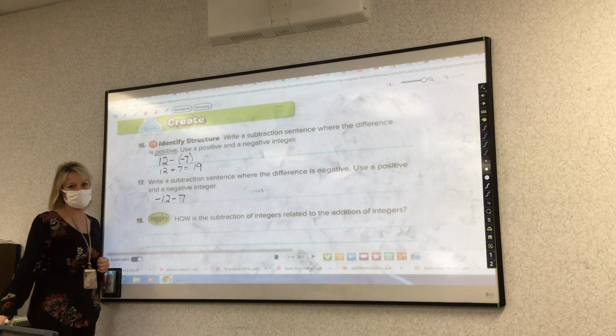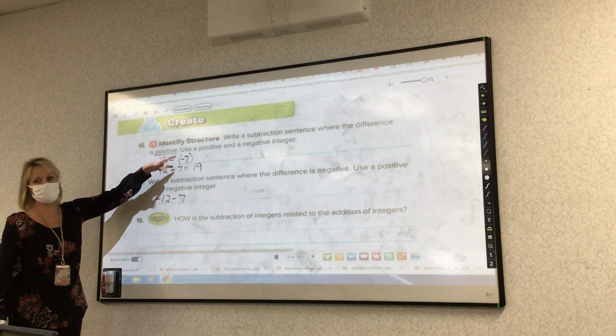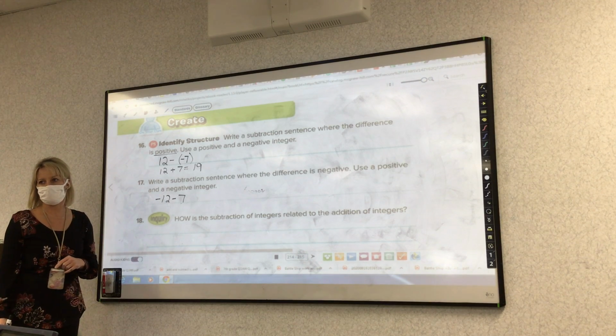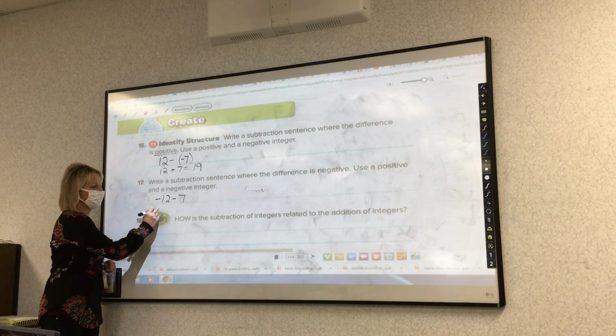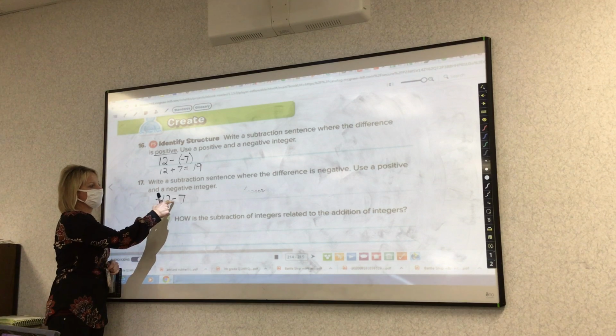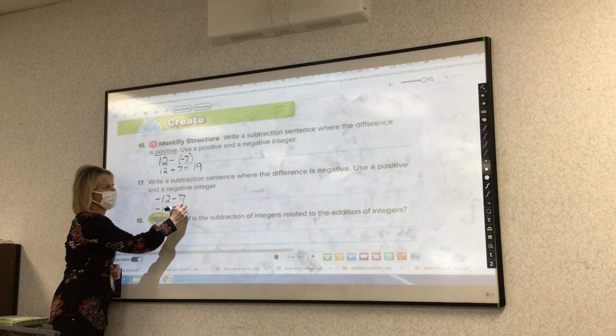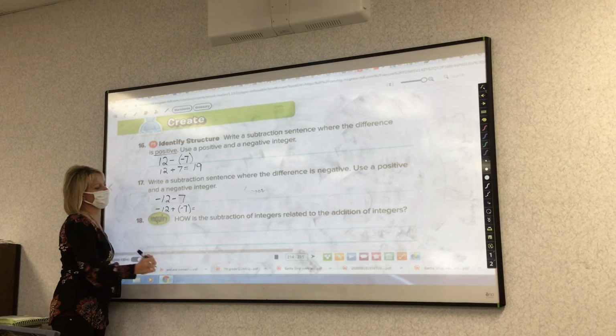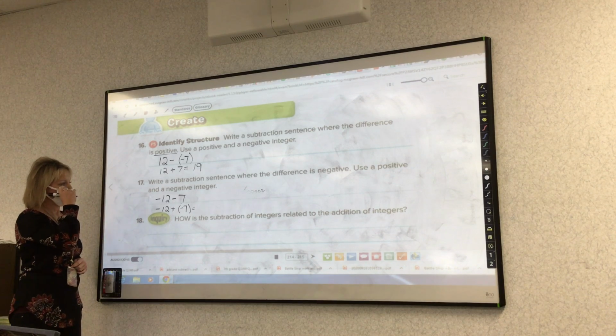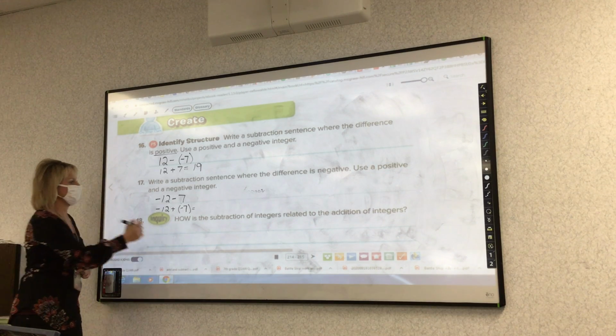I'm using the same numbers. I just switched my positive and my negative signs around. Keep the negative 12. Change subtraction to addition. Change the positive to negative. Got it. And you get negative 19.